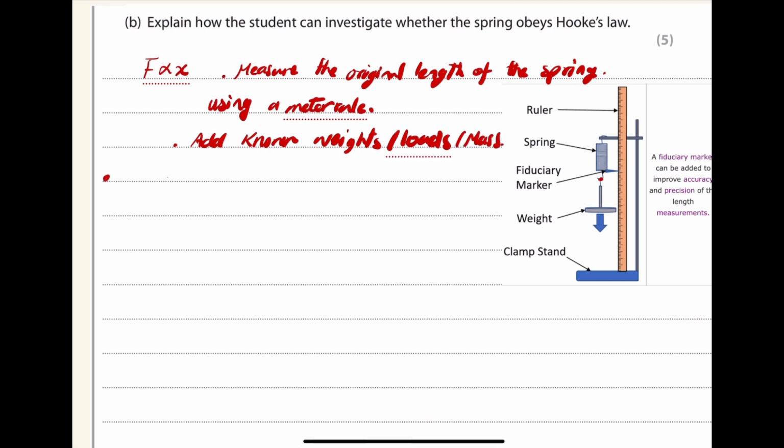After adding the weight or the load, the spring will extend, so I have to measure again the extended length with loads or weights. So I get 3 marks. If I repeat for a range of values of loads, I can get 1 mark here.